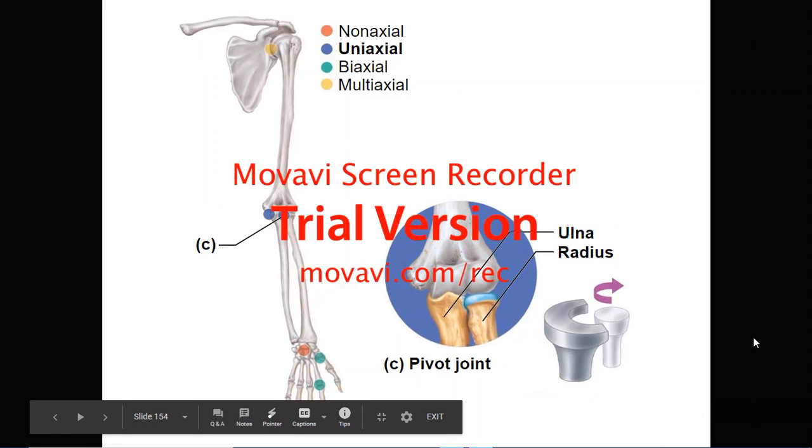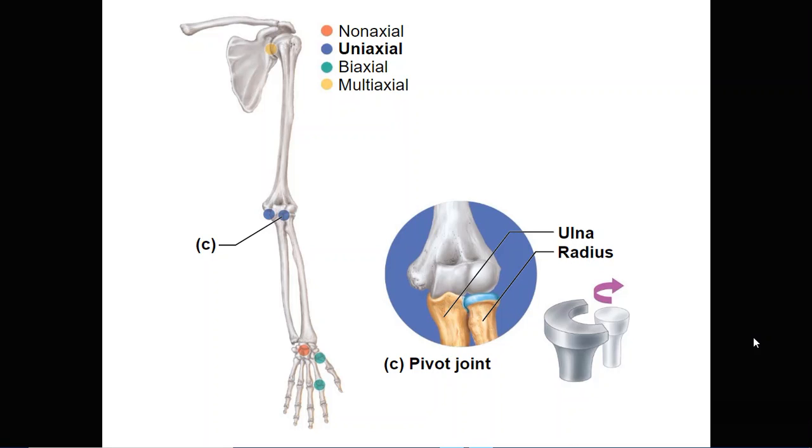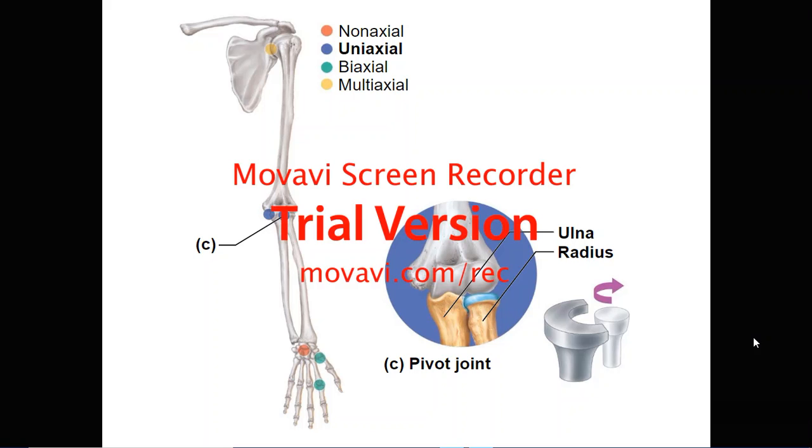Another example of uniaxial movement would be when the ulna and radius do the movement of your forearm from supination, when your palms are up, to pronation, when your palms are down.